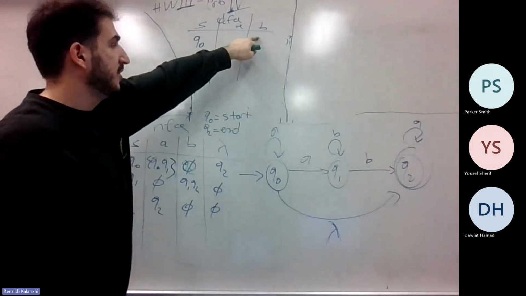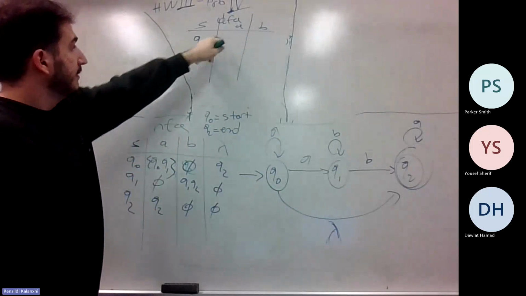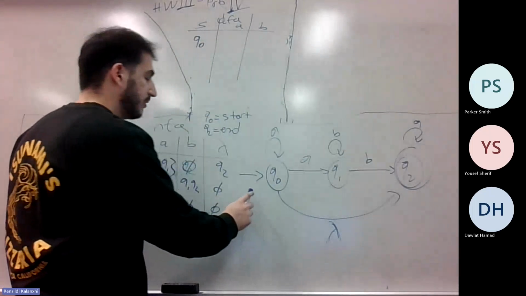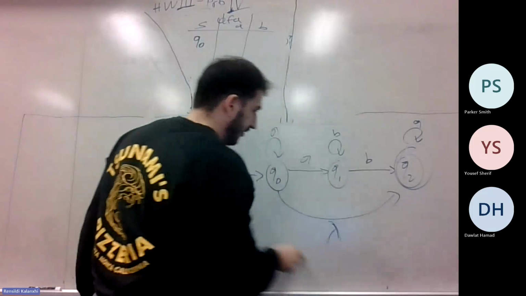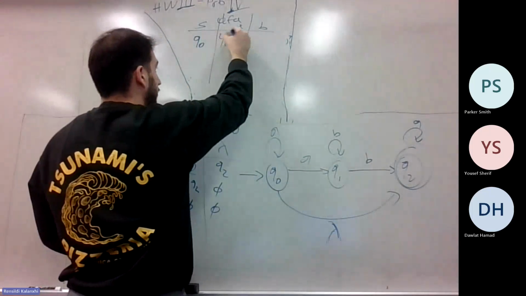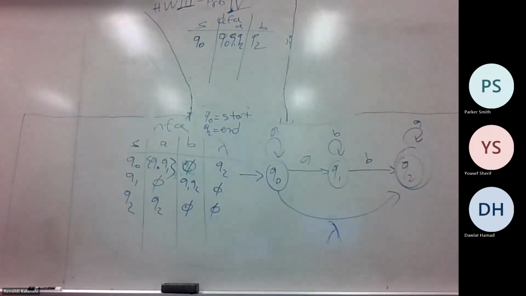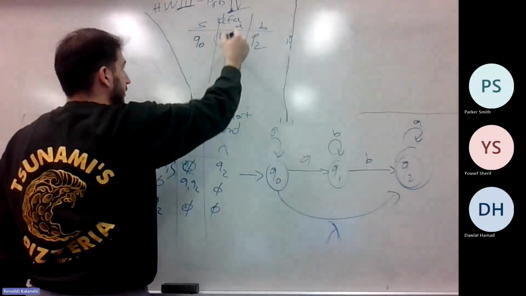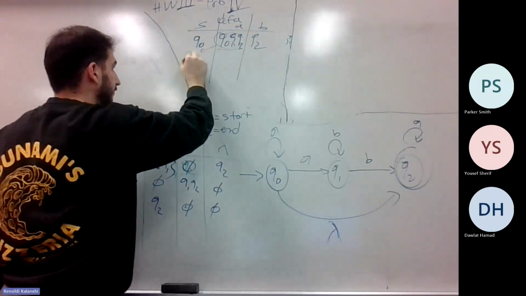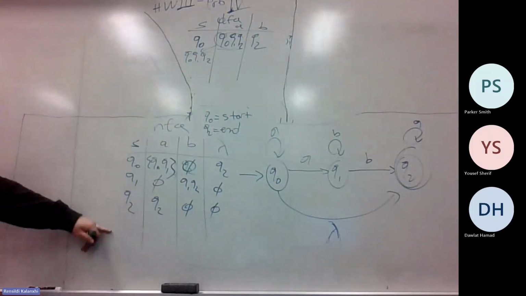Q2 at B, on the DFA, is going to point at B because of the free flow. And A from Q0 is going to be Q0, Q1, Q2 again, because of the free flow for the lambda transitions. So we add Q0, Q1, Q2, and then at B we add Q2. Since we formed this new state, we drop it down here: Q0, Q1, Q2.